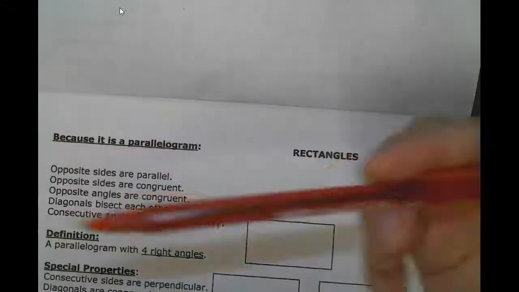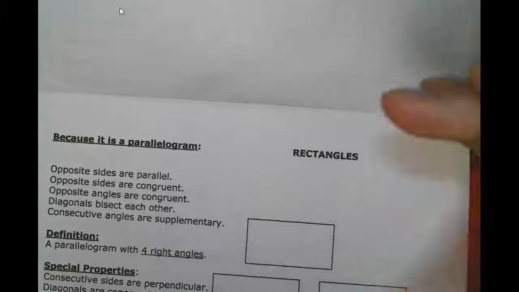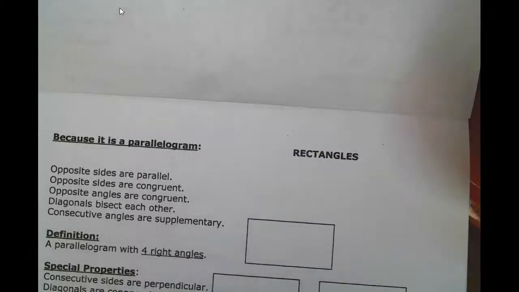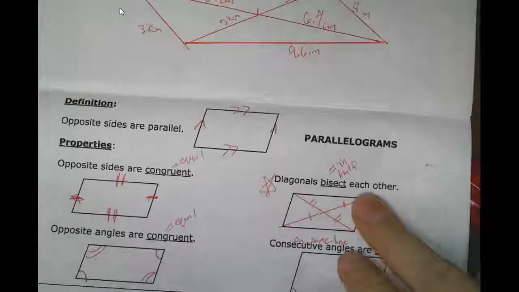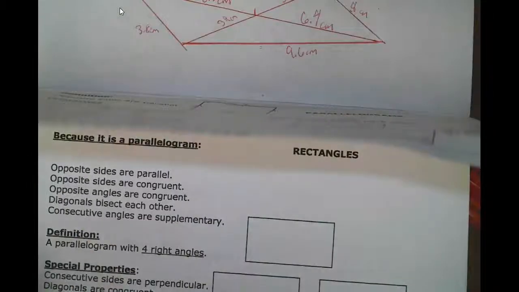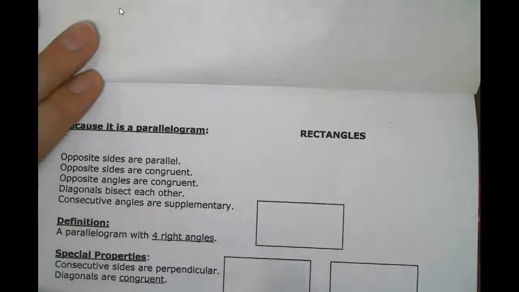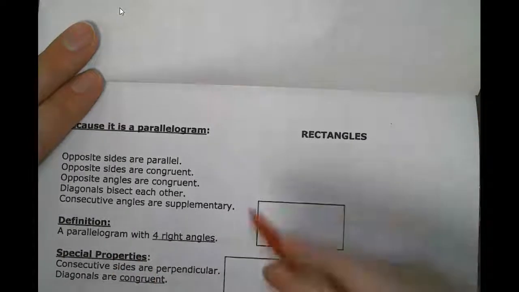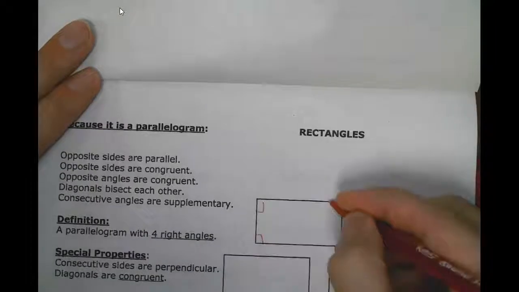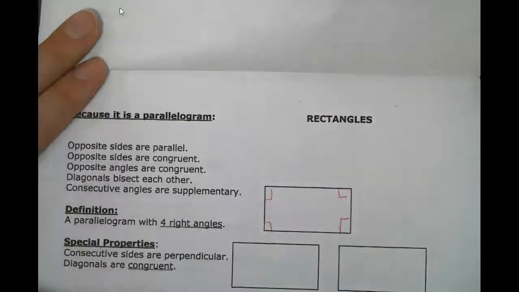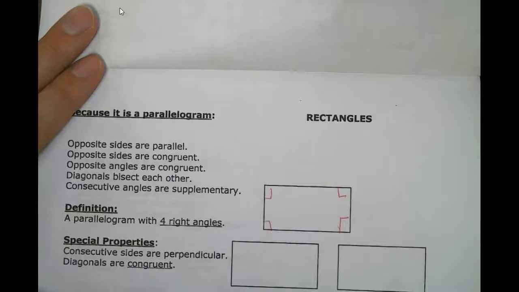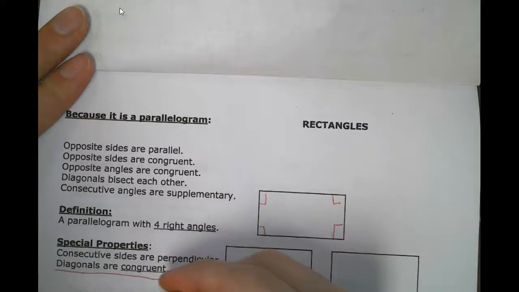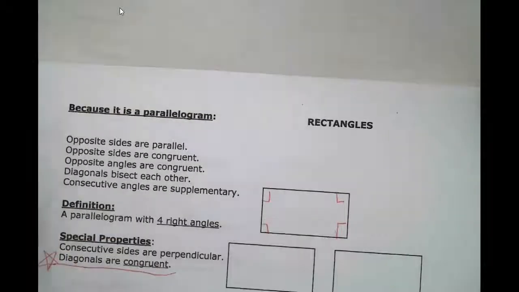All right. So what is a rectangle? A rectangle is a parallelogram. And since it's a parallelogram, it has all the same properties above. But additionally, it has a few more. The definition of a rectangle is a parallelogram with 4 right angles. These are the 4 right angles. Its sides are perpendicular. And most importantly, its diagonals are congruent to each other.